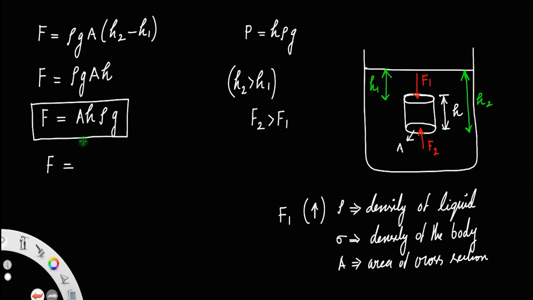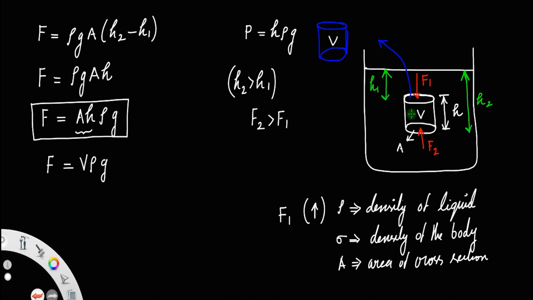So F is equal to, you can write A H as volume V, V rho g. But if you immerse any body in a fluid, an equal volume of fluid will be displaced by this body, which means the volume of this body is the same as the volume of the liquid displaced.